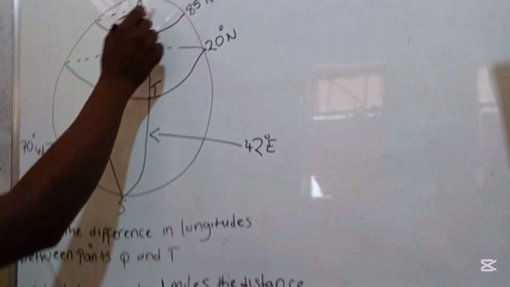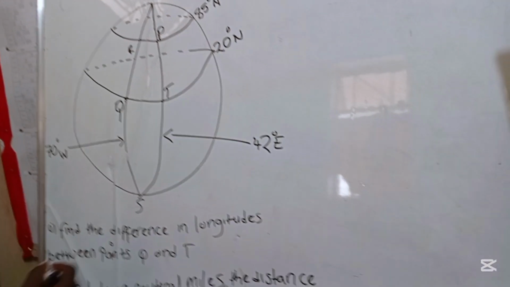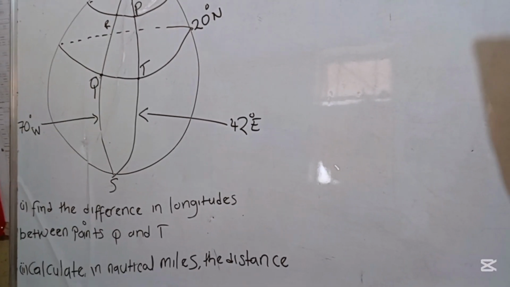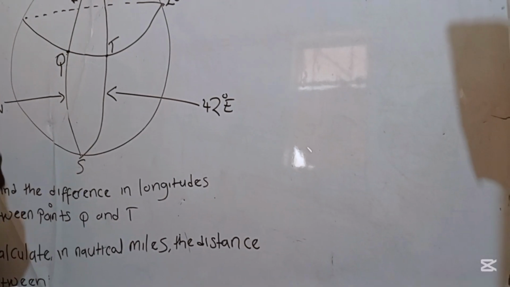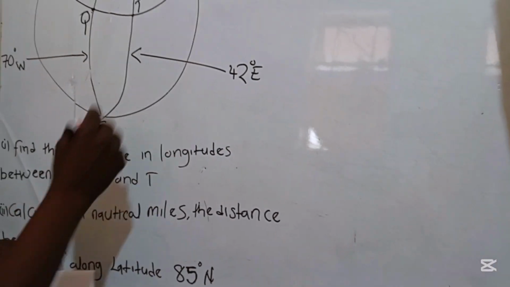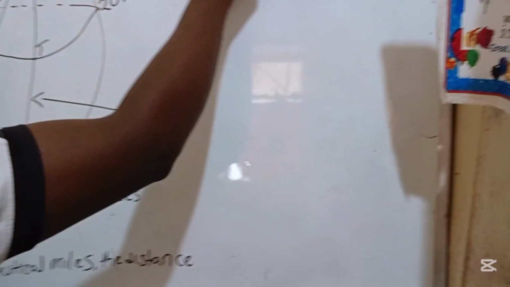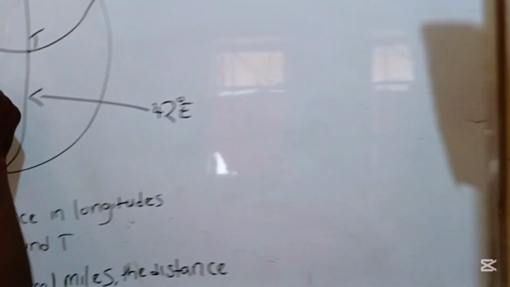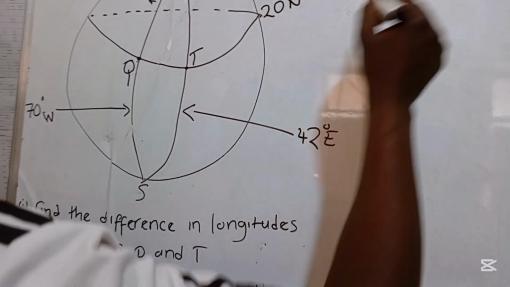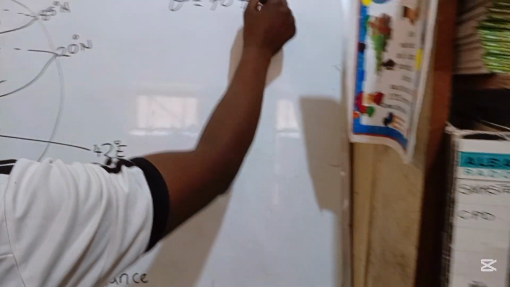Since they are sharing latitude at 20, they are now asking us to find the difference in their longitude. I told you we have to start with theta. Here it is found on the west 70. Now the other one is found in the east 42. So you have to add 70 with 42.